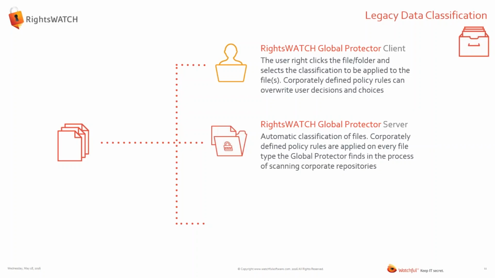The second option is called the Global Protector Server, and this is the automatic classification of files, where corporately defined policy rules are applied on every file type that the Global Protector finds in a process of scanning corporate repositories.